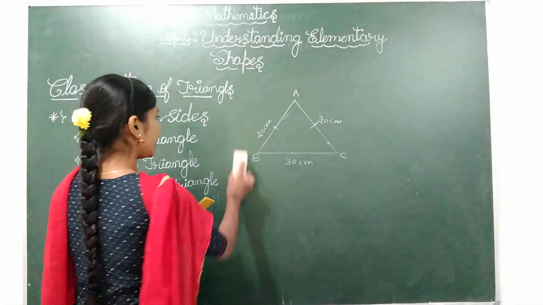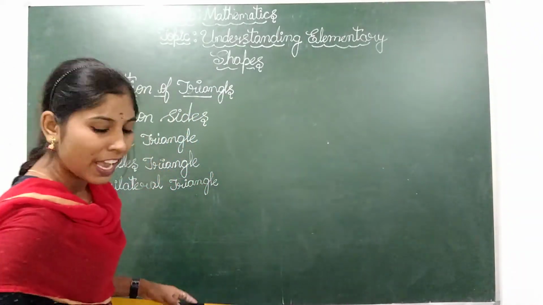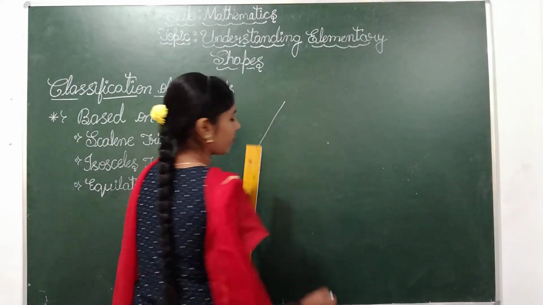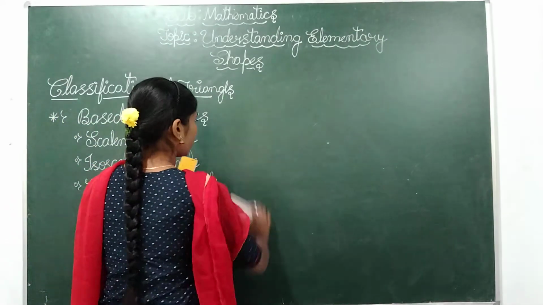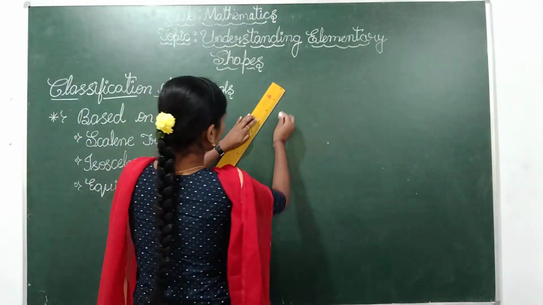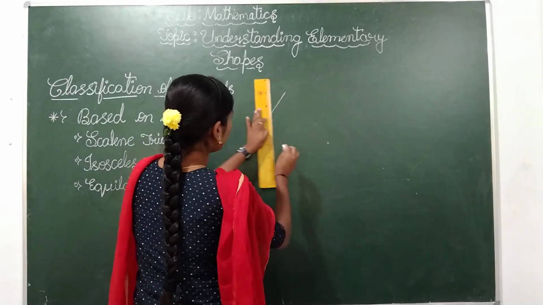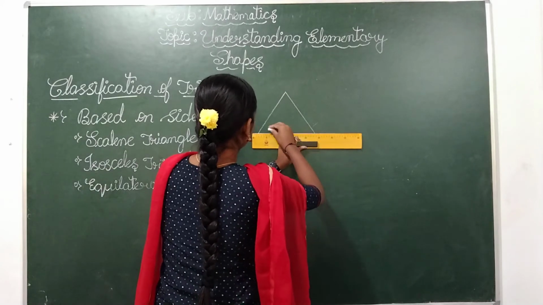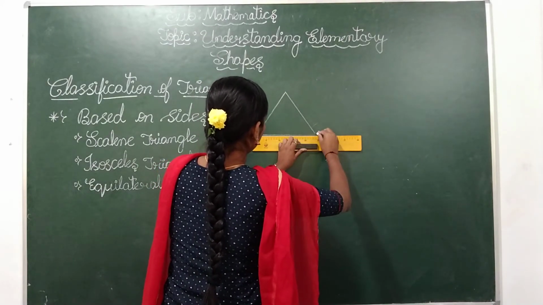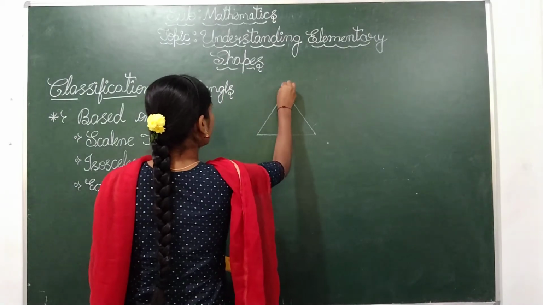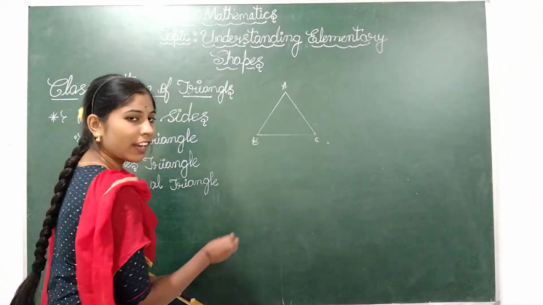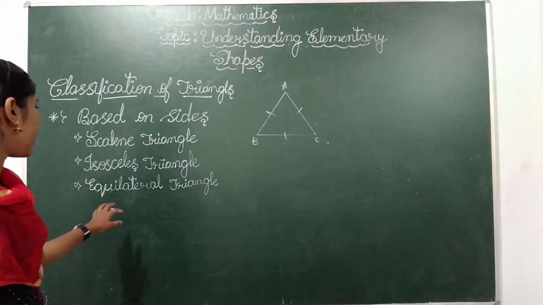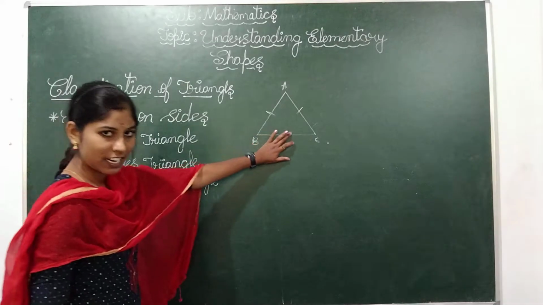And another one is the equilateral triangle, where I will take all the sides as 20 centimeter. This is triangle ABC, and this length, this length, this length, all the lengths are equal. This is an example of an equilateral triangle.